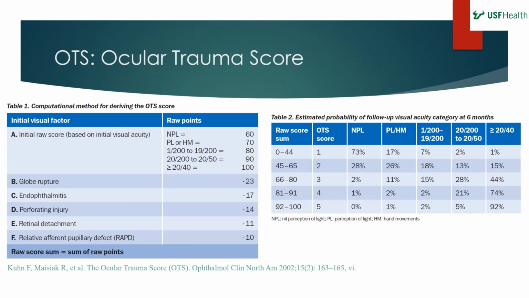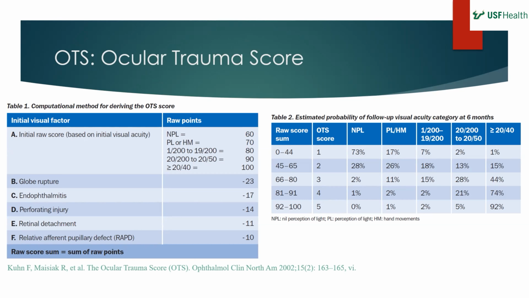So this OTS score is widely quoted and would be important if a patient actually asked you what are my chances of having X or Y vision. But in my experience, good morning, the patients don't typically ask that question. They're really overwhelmed in the beginning.